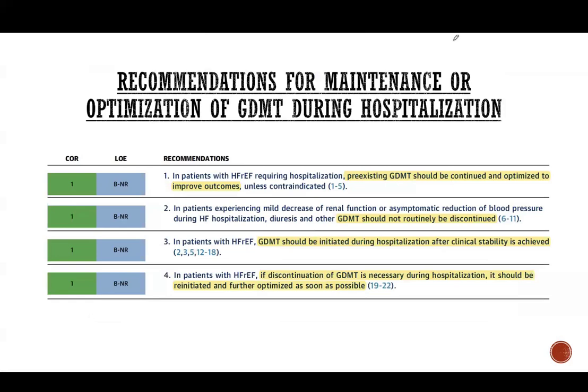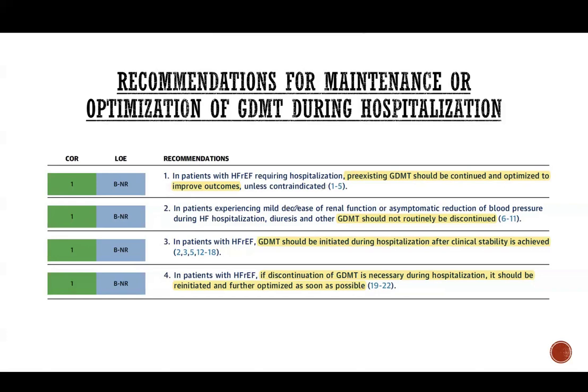Recommendations for maintenance or optimization of guideline-directed medical therapy during hospitalization. Suppose the patient is already on guideline-directed medical therapy for heart failure, and now has come with acute decompensated heart failure. Pre-existing therapy should be continued and the dose should be optimized to improve outcomes unless contraindicated.